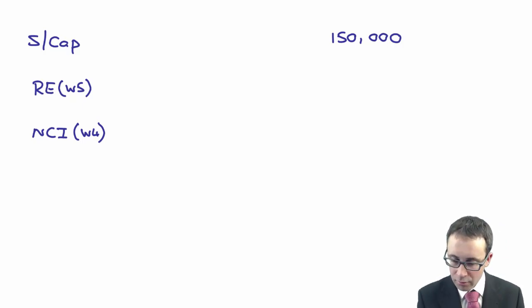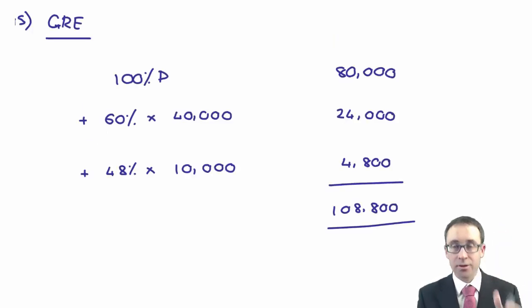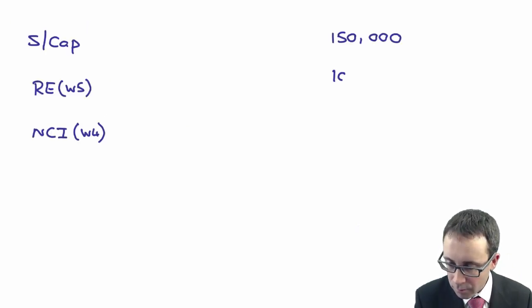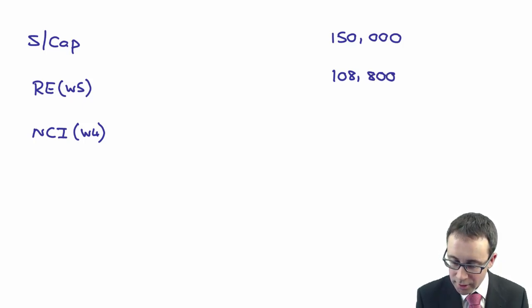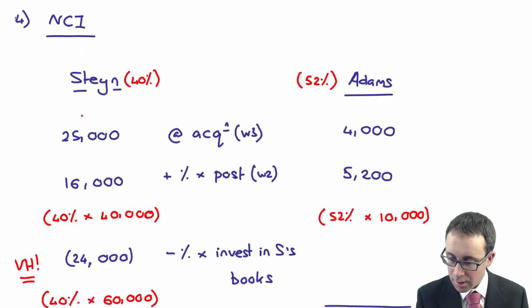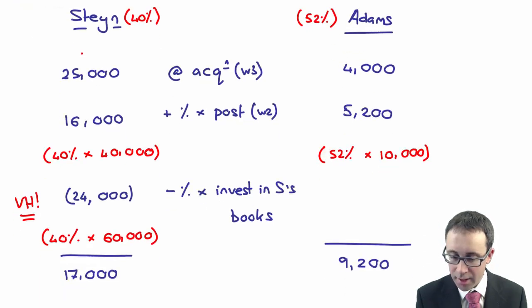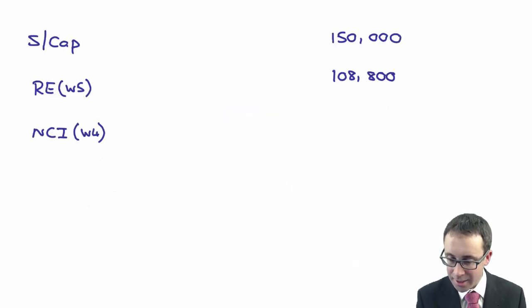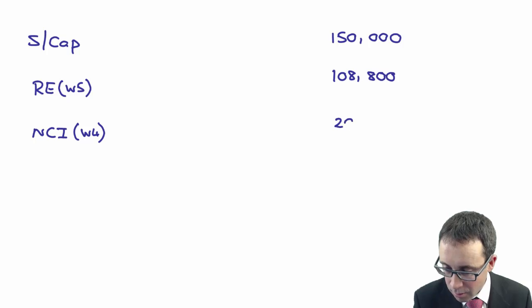Retained earnings, right page, there we go. It's a bit of luck. 108,800. The non-controlling interest, just hidden at the bottom there, 17,000 plus 9,200. So does that give me 26,200?